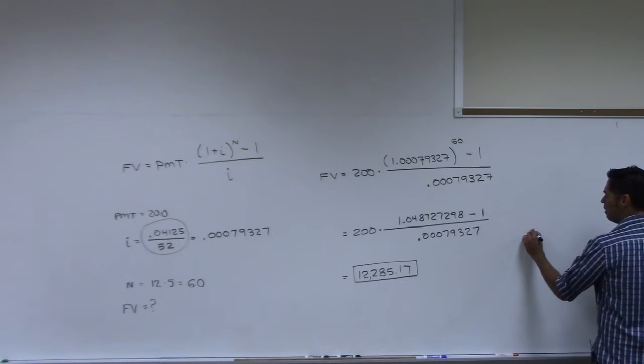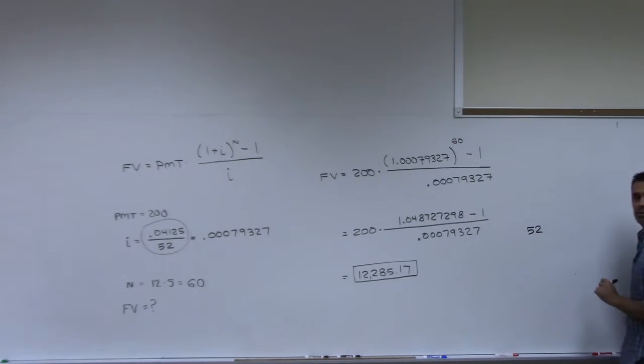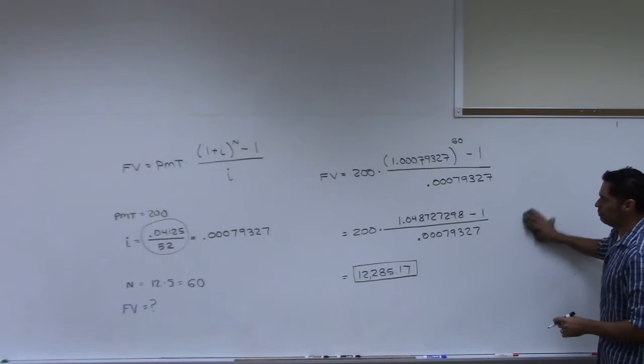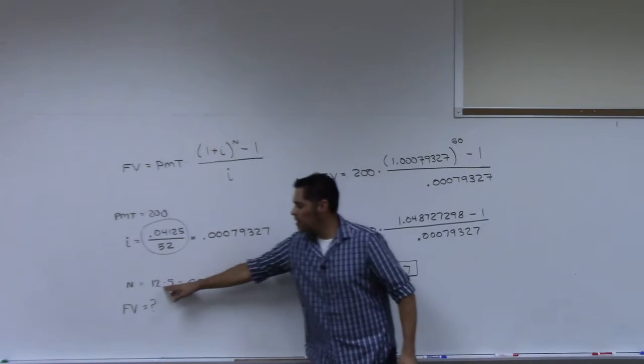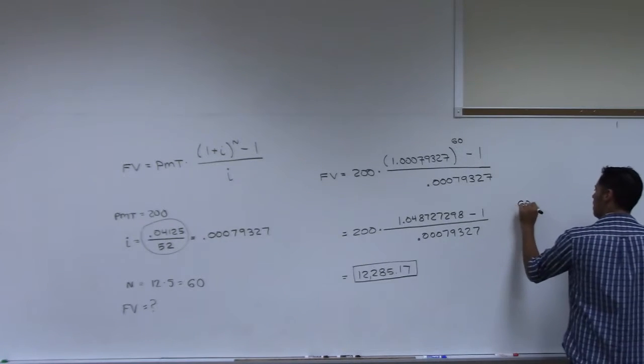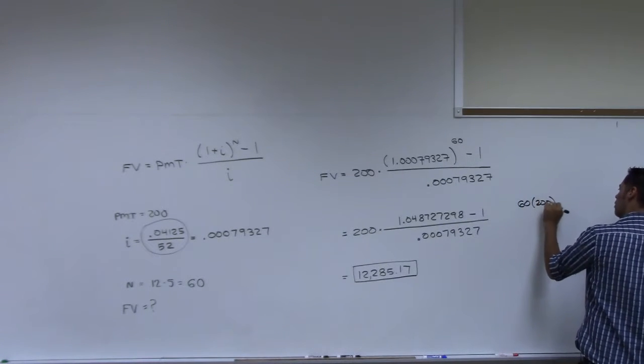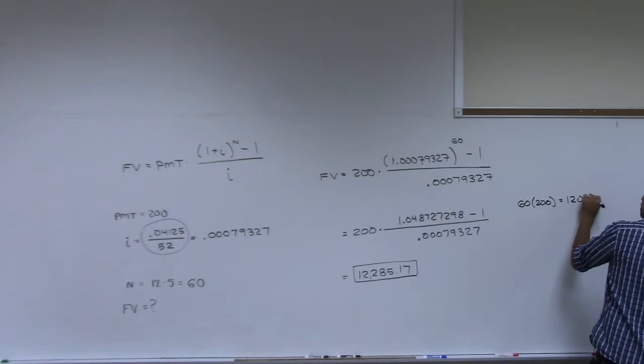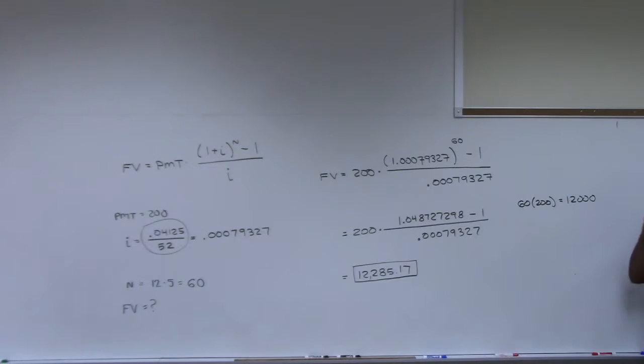You did 60 payments of 200, right? You actually did 60 times 200, which is 12,000. So you put in $12,000 and you earned a whopping $285 of interest.